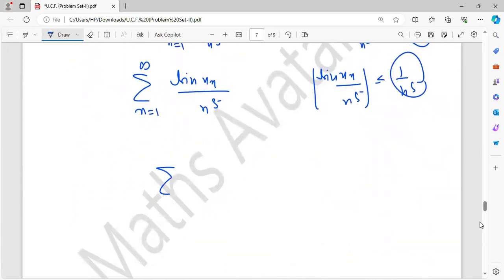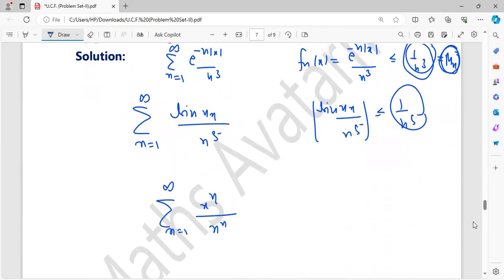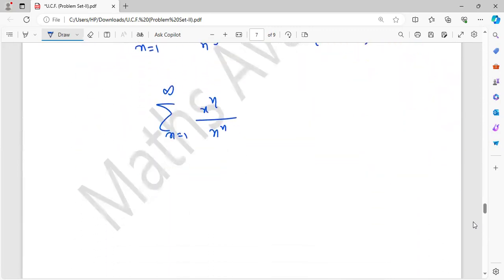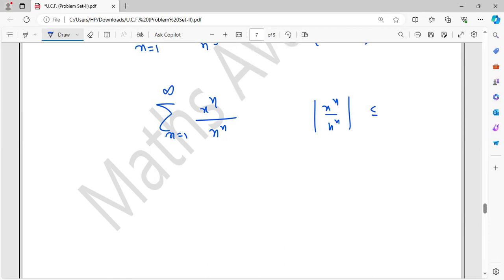Summation n goes from 1 to infinity, x to the power n upon n to the power n. Now you see that we are taking x to the power n over n to the power n. We can take it like that. So it is pi to the power n.